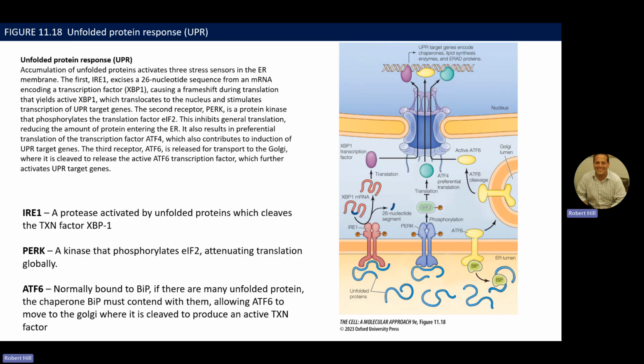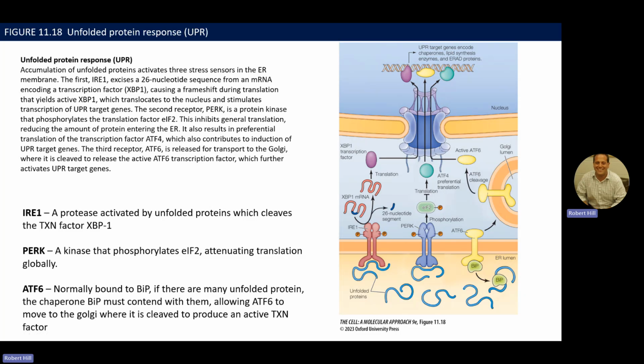So EIF2 is the key molecule involved in creating the initiation complex to do translation, right? So if you phosphorylate EIF2, you inhibit translation. So you get just a global attenuation of production of protein in the cell because we're getting a signal that the cell's sick, right? It's accumulating too many unfolded proteins.